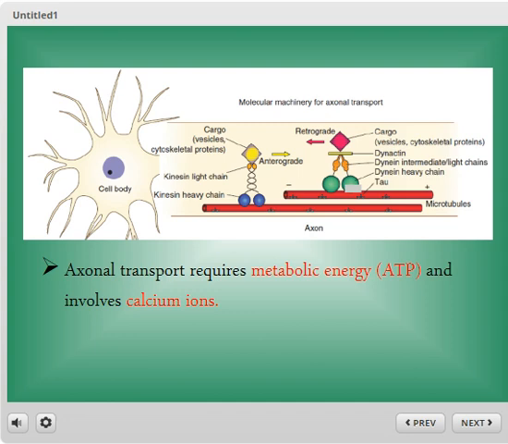As you see, this picture shows the molecular machinery for axonal transport. The yellow arrow shows the anterograde and the pink arrow shows the retrograde. As you see, in the anterograde transport, the kinesin has a role, and the dynein has a role in a retrograde transport.